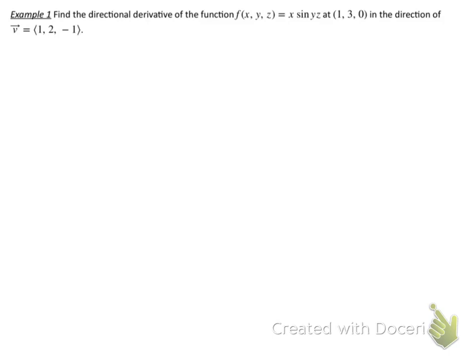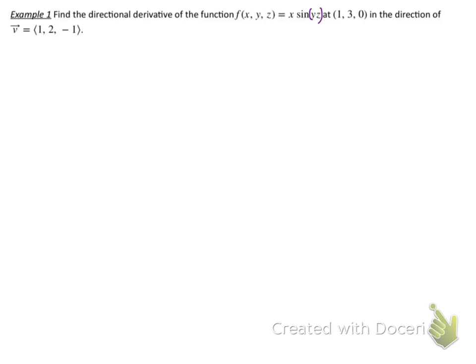First example, we are doing the same thing but with three variables. Find the directional derivative of function f, which is x times sine yz. Again, here I meant y times z. Then take sine. At the point 1, 3, 0 in the direction of 1, 2, negative 1.